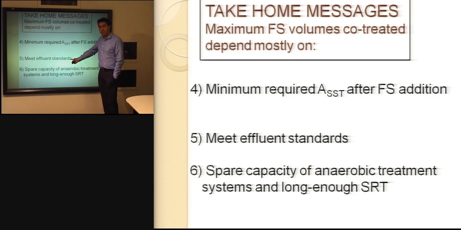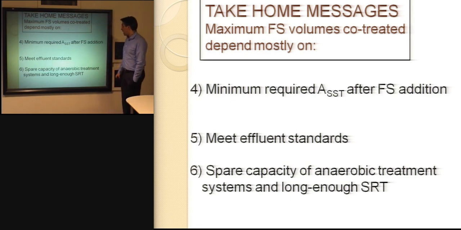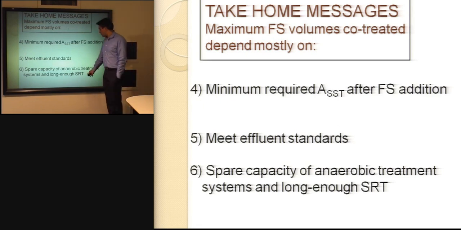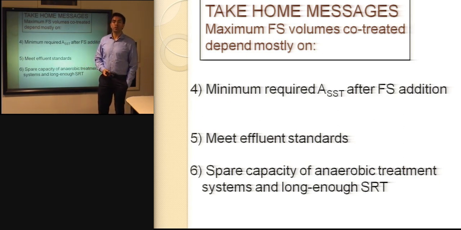So possibly, complying with the effluent standards will be one of the biggest limitations for the plant. And like for aerobic systems, there is a strong need to have enough spare capacity to be able to provide enough retention in the anaerobic systems to degrade all the fecal sludge discharged into the plant.